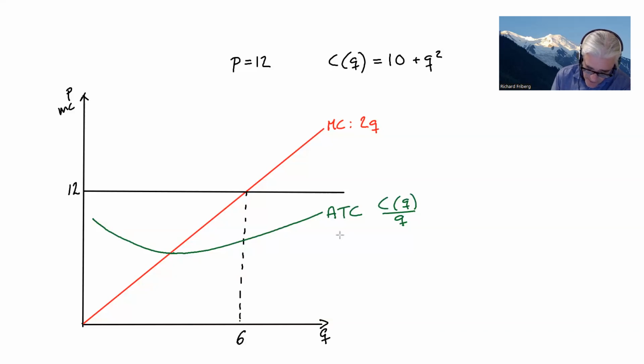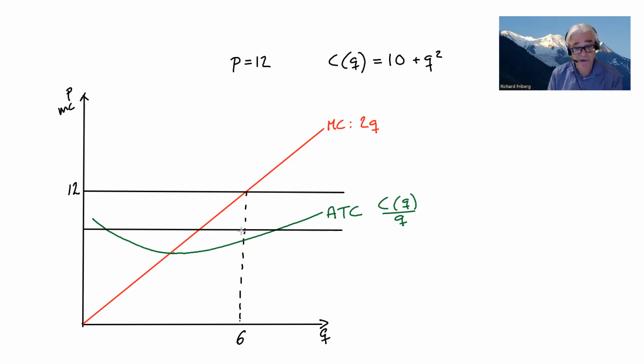So think of a price level that's here, for instance, say 8. What would be the optimal profit maximizing quantity? Well, it's again where marginal cost equals marginal revenue, or price equals marginal cost, rather. In this particular case, profits would be given by reading off this quantity from the average total cost curve times here. So it would have a smaller rectangle that depicted profits.